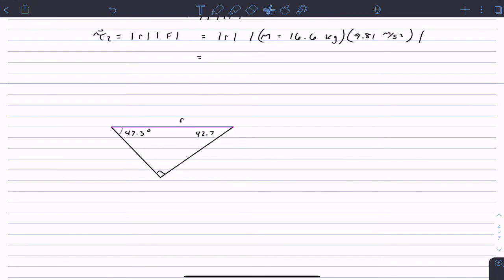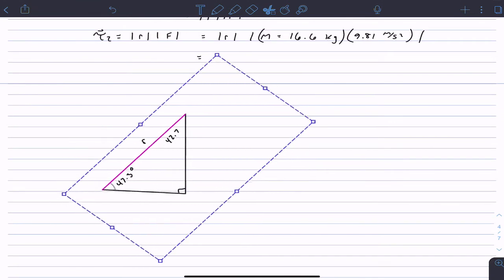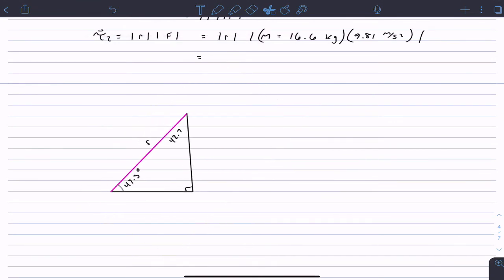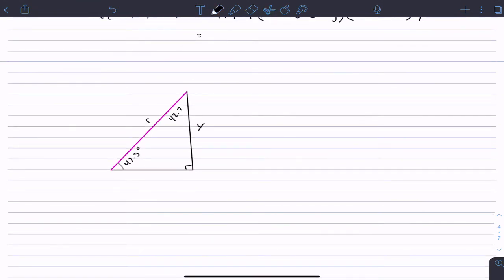Now, if we turn this thing like this, this is y, it's equal to 0.325 meters. This is x, it's equal to 0.3 meters, right? We know these angles. Up here is 42.7 degrees. This is 47.3 degrees. So we should be able to figure out what R is just given this information.